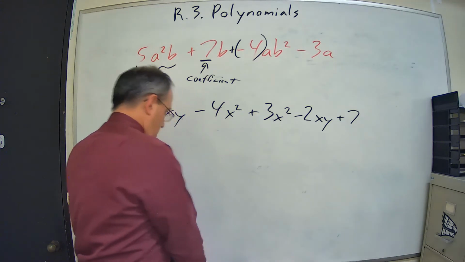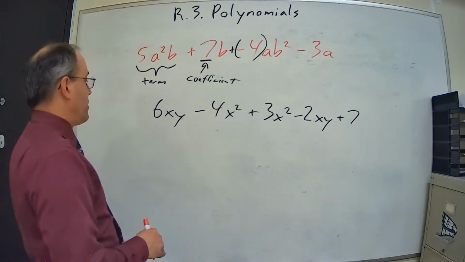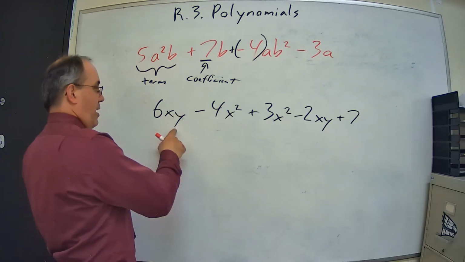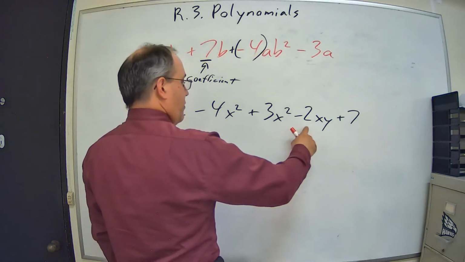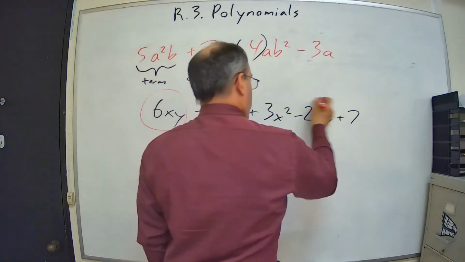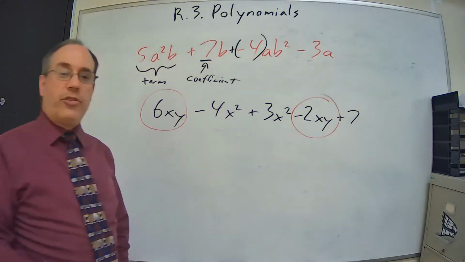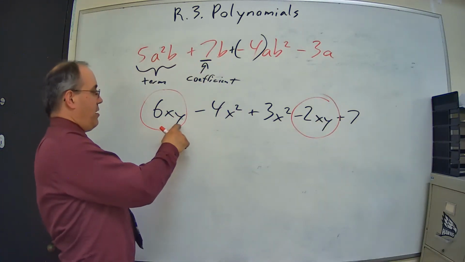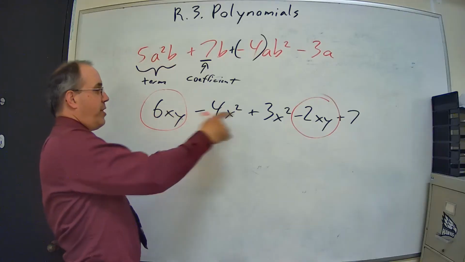In fact, let me use the red marker here, and I see 6xy and negative 2xy. So that term and that term are like terms. They have the same variables raised to the same power.